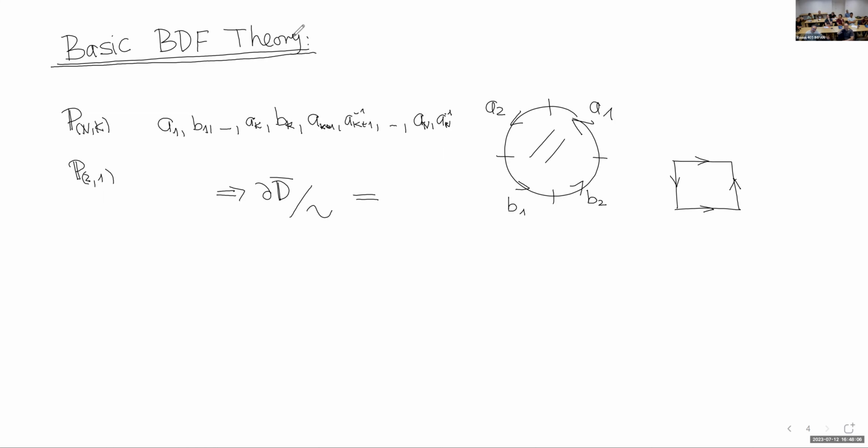So in fact, we have 2N arcs, and after gluing, only on the boundary, what I get is a wedge sum of circles.